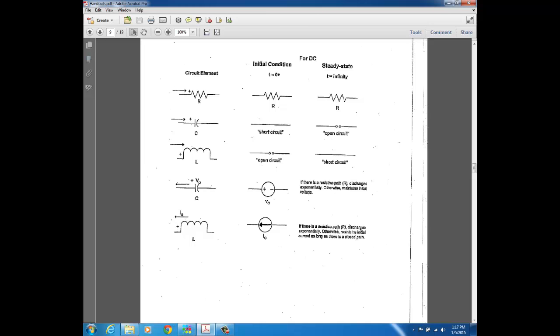However, a big difference between the storage elements is that if you have an initially charged capacitor and you totally remove it from a circuit, so it's not part of a closed path with resistance, that capacitor will hold on to that stored energy.